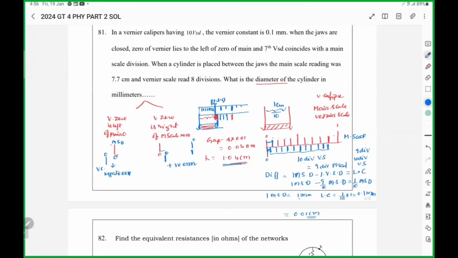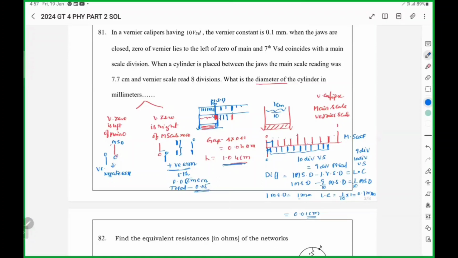As usual, we take the reading like this. In the beginning itself, when the jaws are kept closed, if you observe a positive error, then you have to see which vernier division is coinciding with a main scale division. Suppose the fifth division coincides, that means a 0.05 centimeter error will be there. Then from the total reading you have to subtract 0.05.